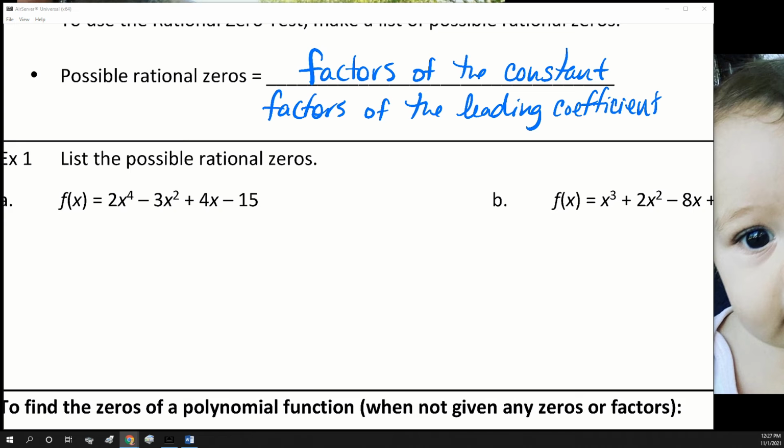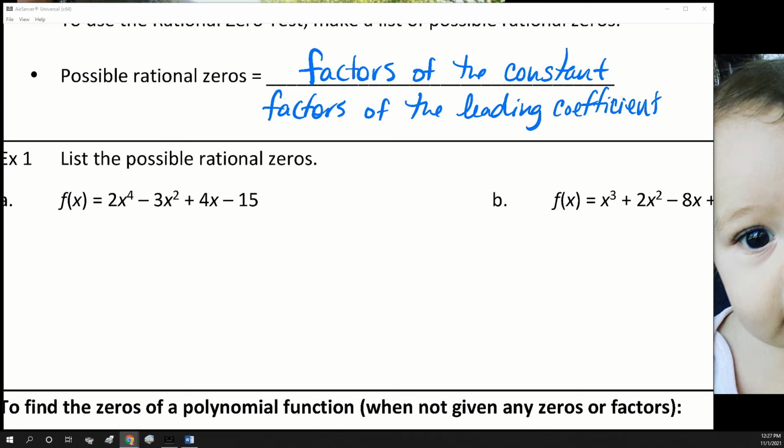And that is going to give us a list of numbers to try that are possible zeros for our functions. And then once we find one or two that is a zero, then the rest of it we can just solve either by factoring or a quadratic formula or some other way.